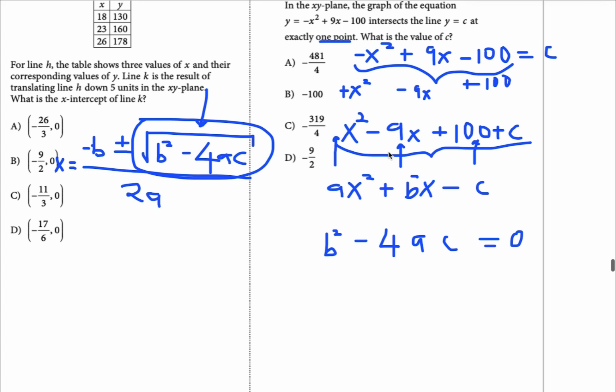So we go up here, and we get negative 9 squared minus 4 times 1 times the constant, which in this case is the whole 100 plus c term.